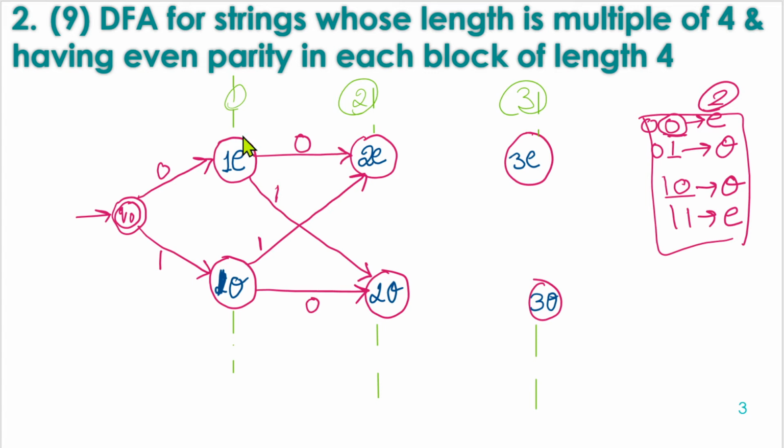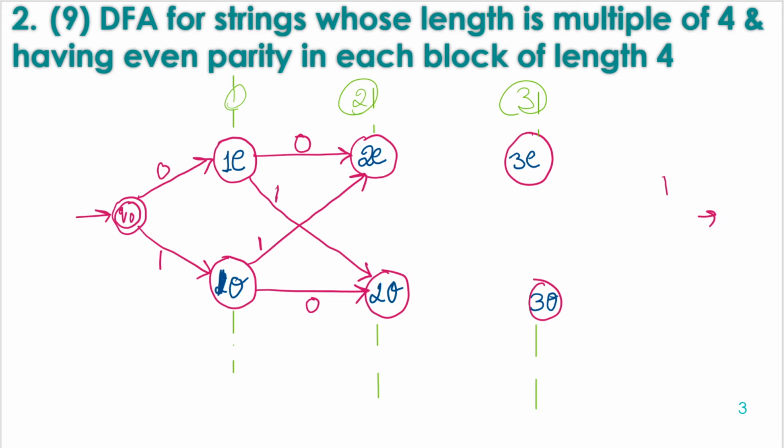Okay, so we have to repeat this process for all the symbols while completing the further states also. So now from the state 2 we need to move to the state 3, depending on the input symbol received. If the parity changes to even, then we need to move to this state. If the parity changes to odd, then we need to move to this state. So we have to repeat this process only.